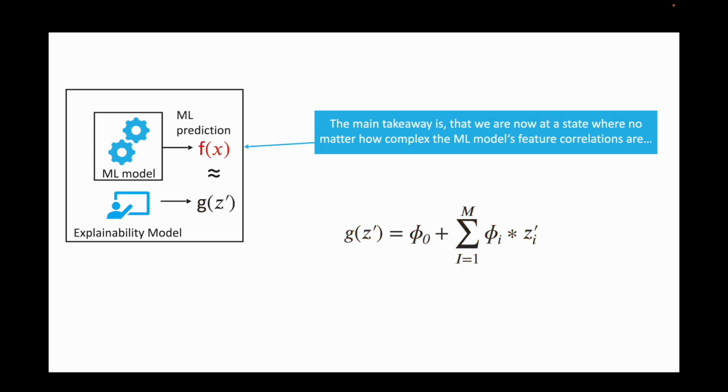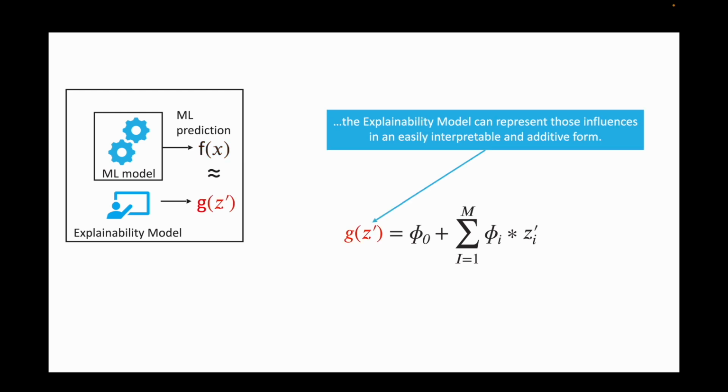The main takeaway is that we are now at a state where no matter how complex the machine learning model's feature correlations are, the explainability model can represent those influences in an easily interpretable and additive form.